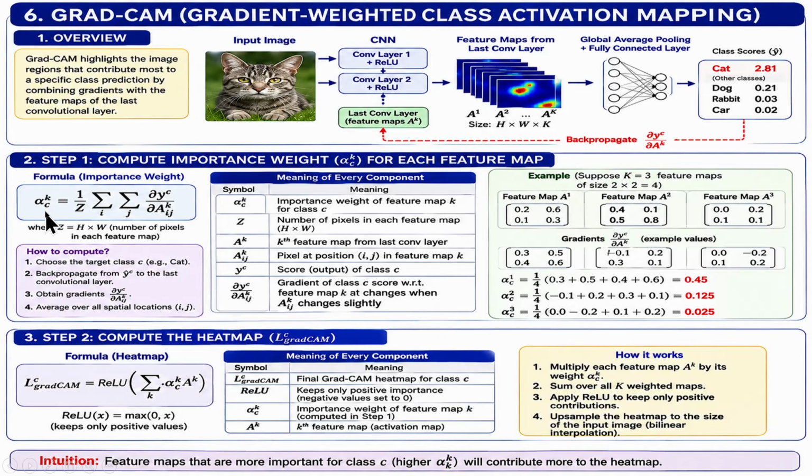Alpha C super K, this is importance weight of feature map K for class C. Whatever is the predicted class C. Z is nothing but height into width.